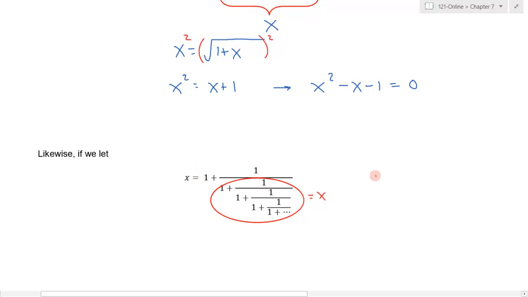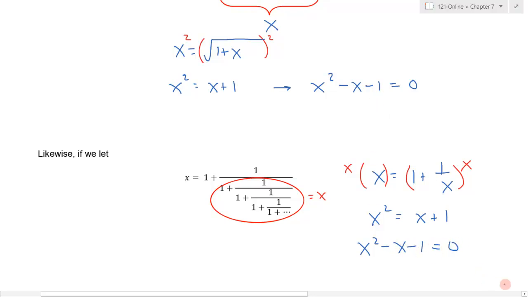So this is the same equation as x equals 1 plus 1 over x. And we know how to solve equations like that, right? It's a rational equation. I'd multiply both sides by that common denominator. And if I do that, I would get x squared equals, sure enough, x plus 1. It's the same equation we got up here, right? And I would, again, bring those over. x squared minus x minus 1 equals 0.